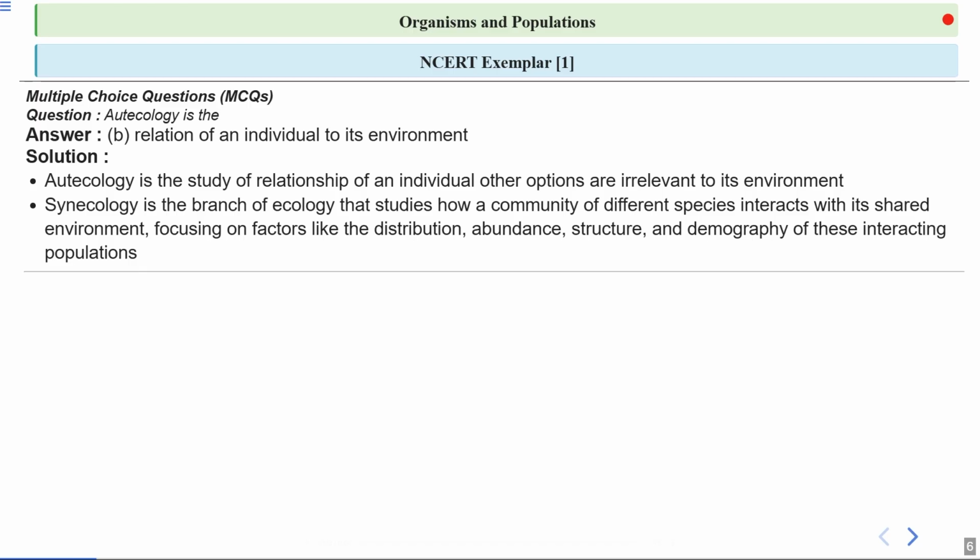So it is the relationship of an individual with its environment. Now what is synecology? One of the options is synecology. It is a branch of ecology that studies how a community of different species interact with its shared environment, focusing on factors like the distribution, abundance, structure, and demography of these interacting populations.